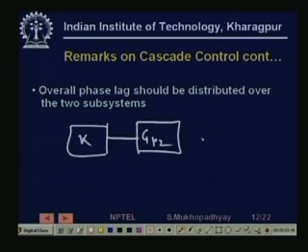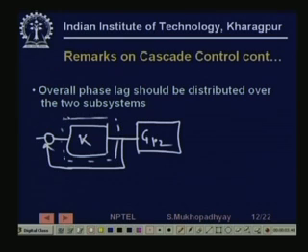Then what is the idea of giving a feedback here? The loop gain of the open loop plant and of the closed loop are the same, because both are constants. So the problem of loop phase still remains and the whole problem will come in the outer loop. So it is becoming like the old case.